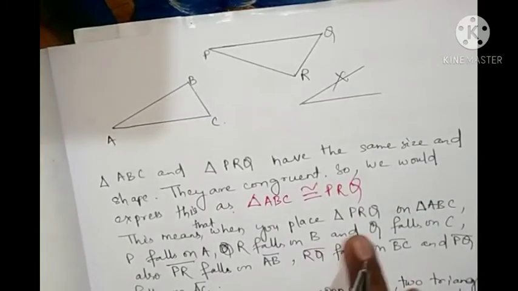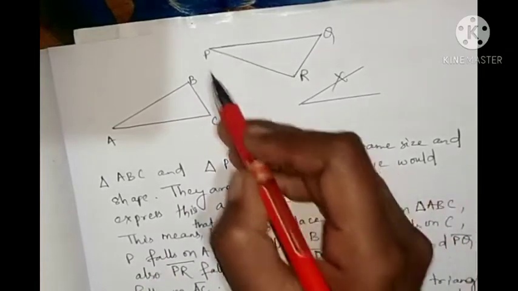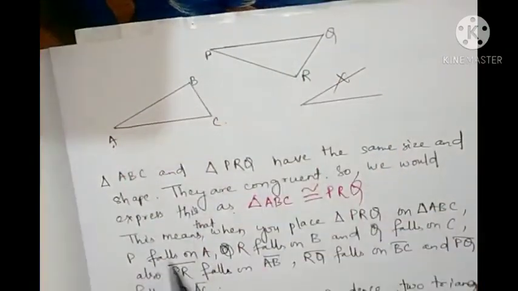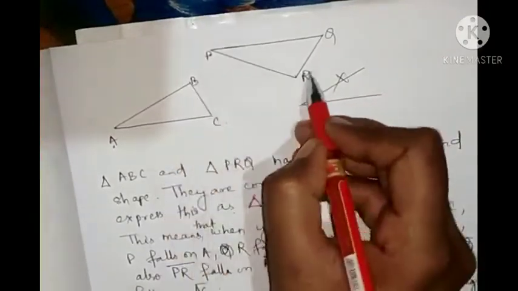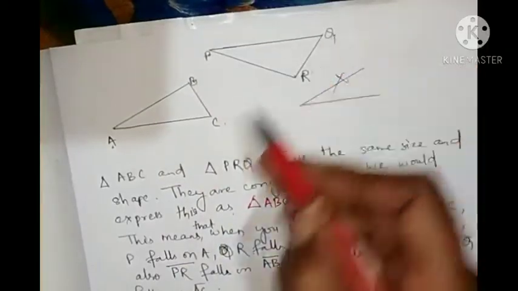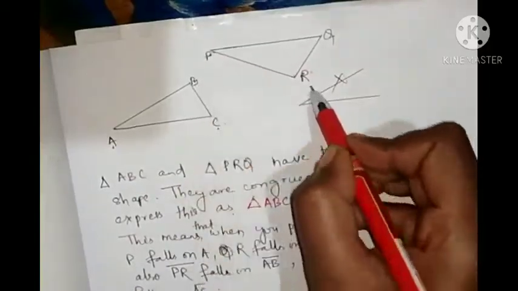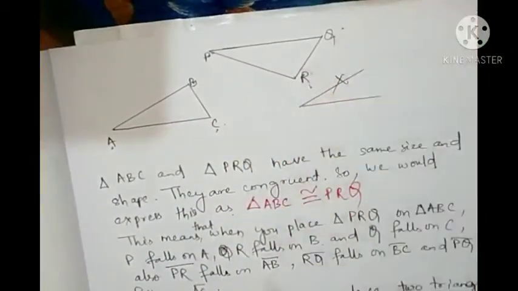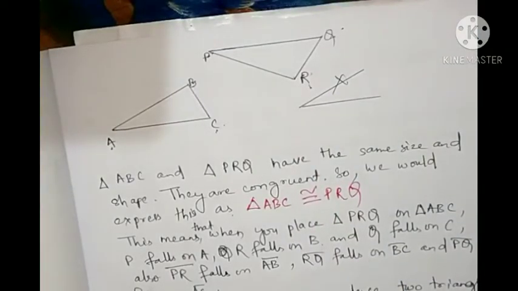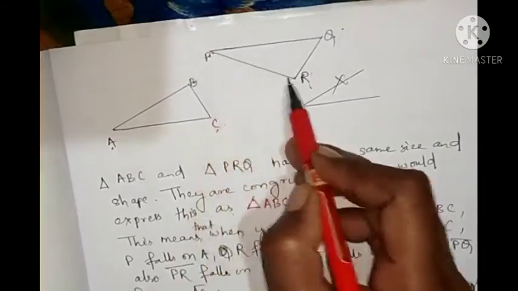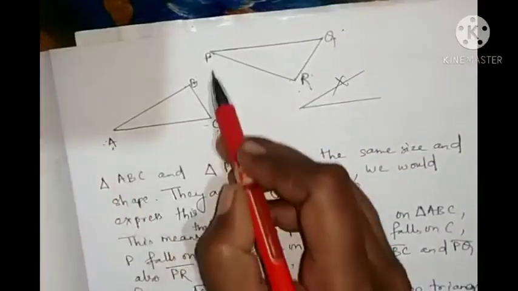This means that when you place triangle PRQ on triangle ABC, P falls on A, R falls on B, and Q falls on C. So A is corresponding to P, B is corresponding to R, C is corresponding to Q. Also PR falls on AB, BC falls on RQ and AC falls on PQ.